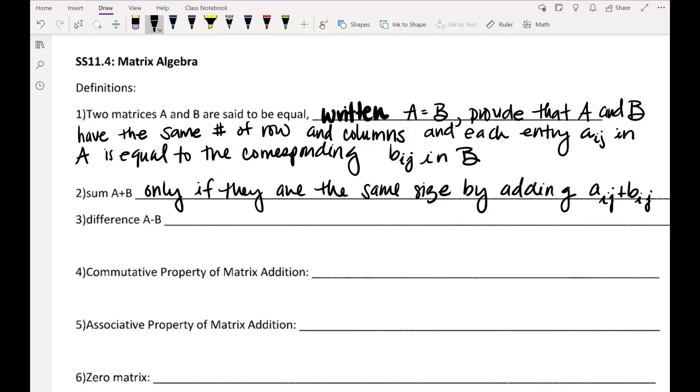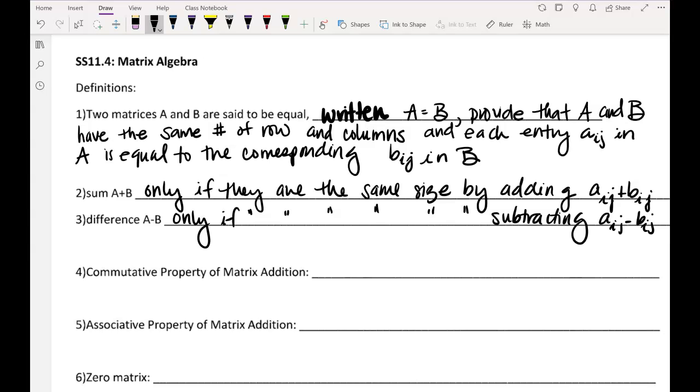Now difference is the same thing. We can only subtract them if they are the same size, by subtracting the entries, a ij minus b ij.